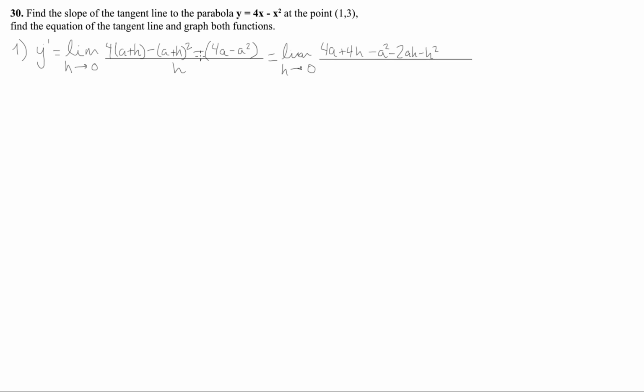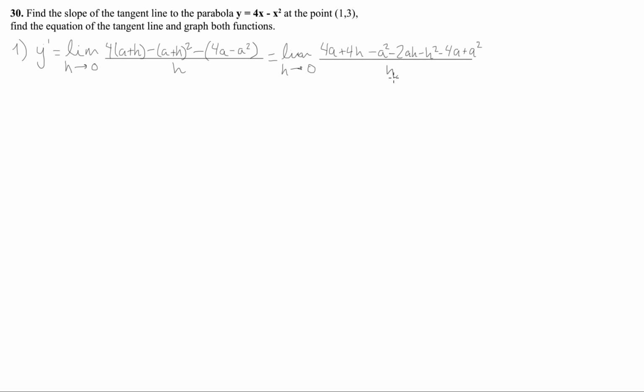And then we just change all of the signs after this negative sign. So we write everything outside the parentheses: minus 4a plus a squared, divided by h.